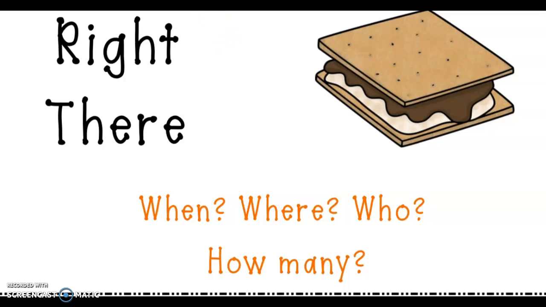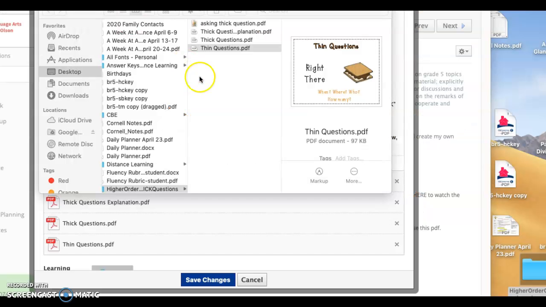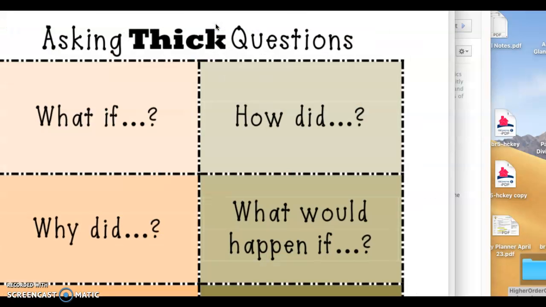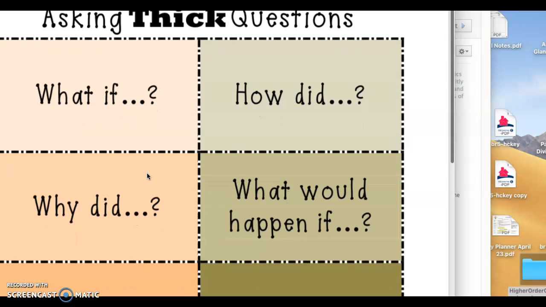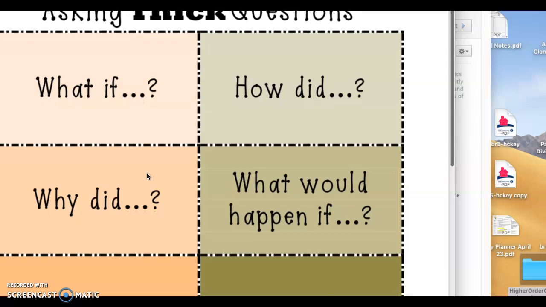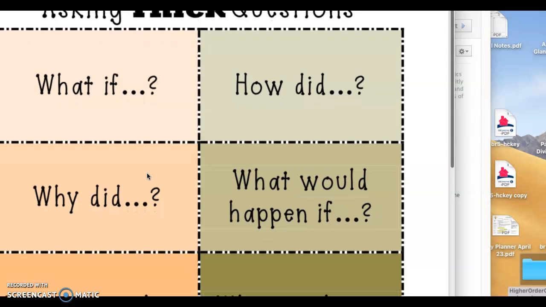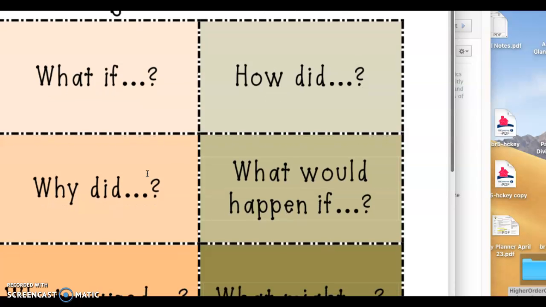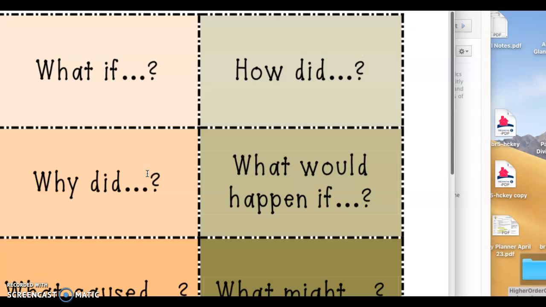So as you create questions for Woods Runner today, I want you thinking about creating thick questions, questions that we can talk about in our Socratic seminar. You have this document that's in that folder or in your directions today. I want you to make sure you download these and upload them into Notability.